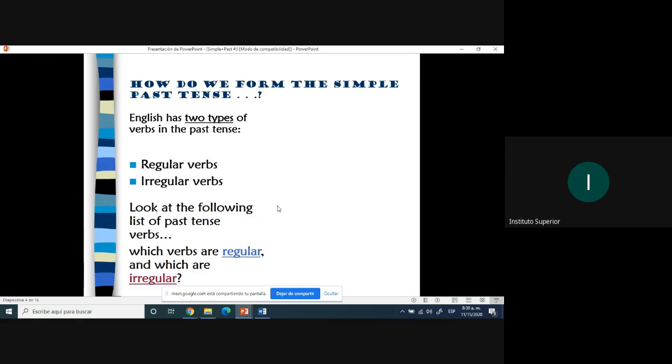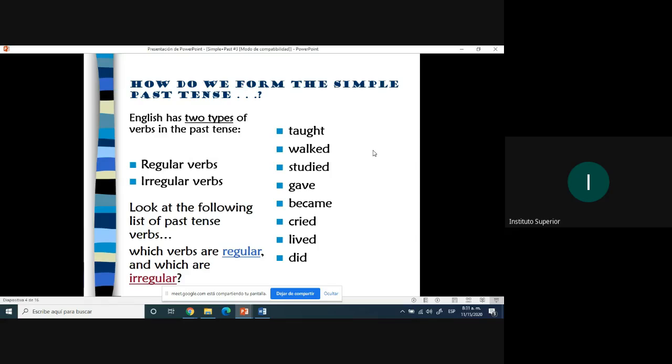Okay, so let's take a look. Look at the following list of past tense verbs. Which verbs are regular and which are irregular? All right, let's look. I want you to identify it. The first one on the top, what is that?